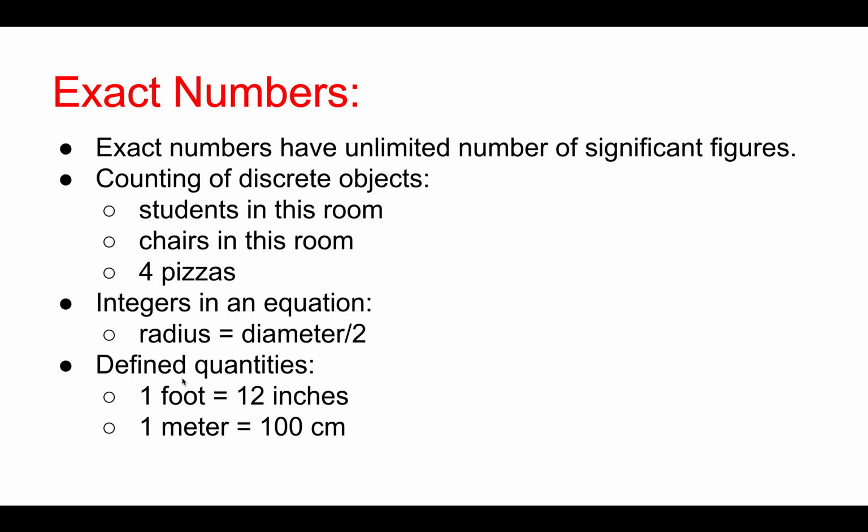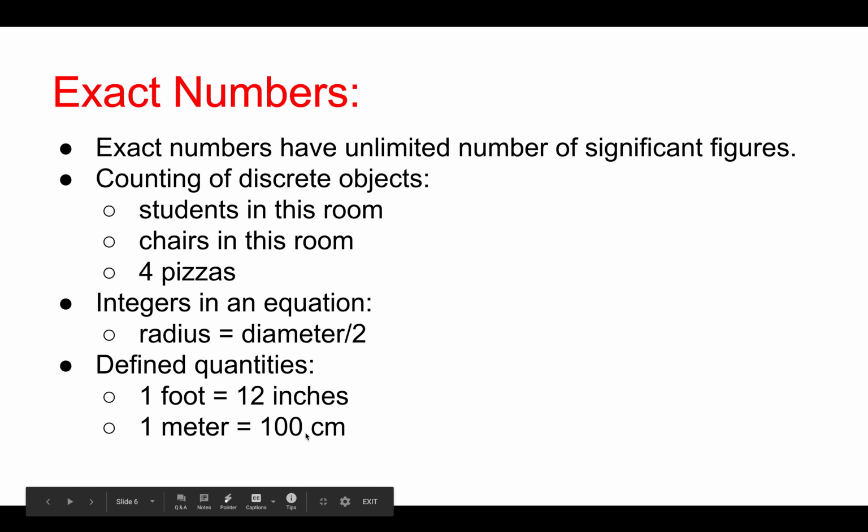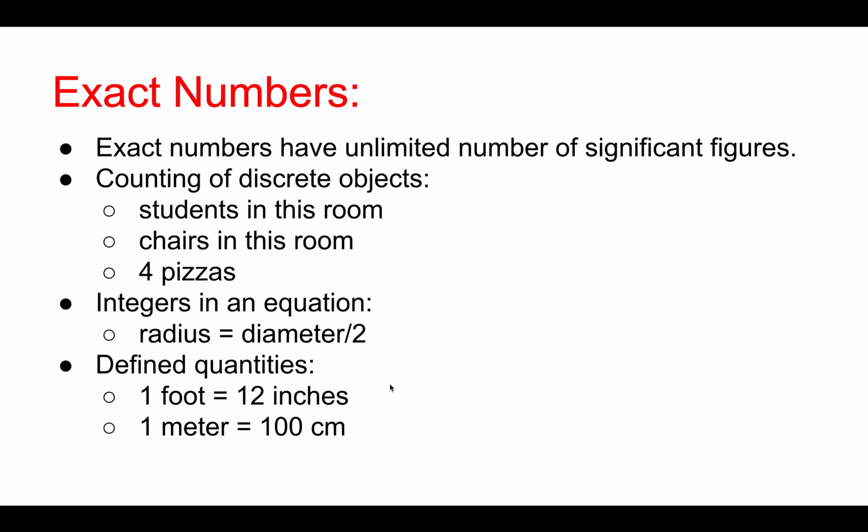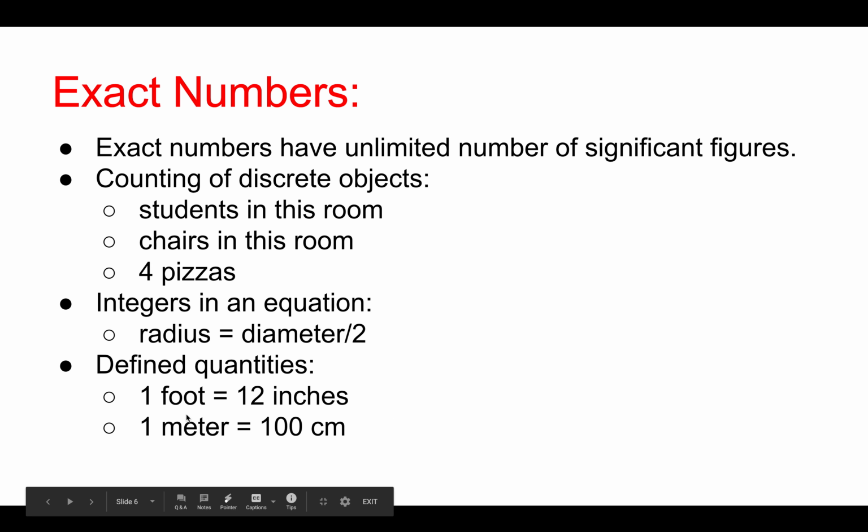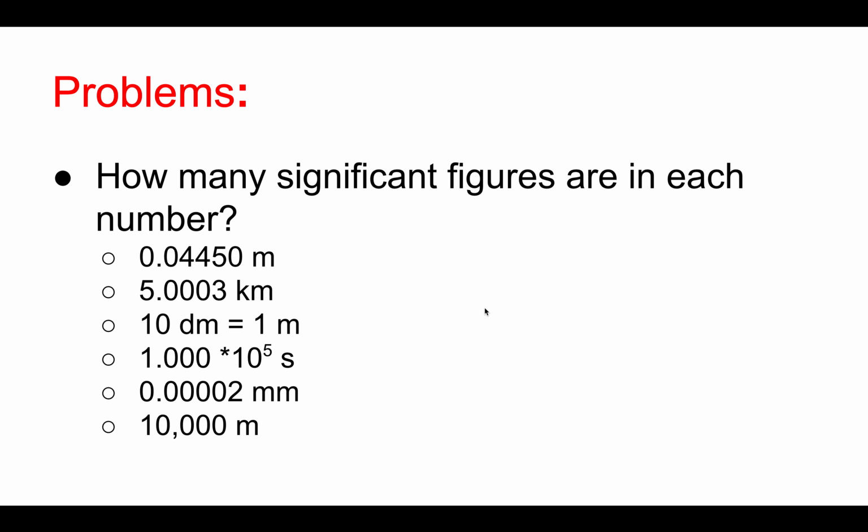Defined quantities. 1 foot is 12 inches. 1 meter is 100 centimeters. Now, don't be concerned that there's no decimal point here. This defined quantity is known in advance to have an unlimited number of significant figures. So I don't need to say 1 meter is 100. centimeters. I can just say 1 meter is 100 centimeters.